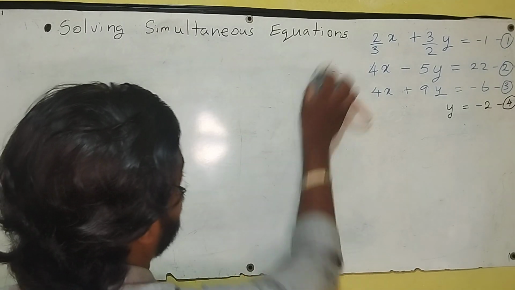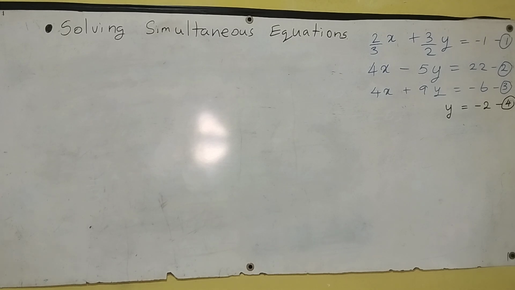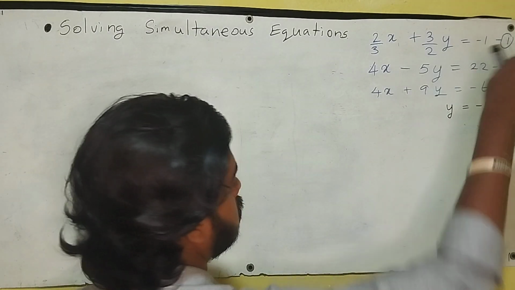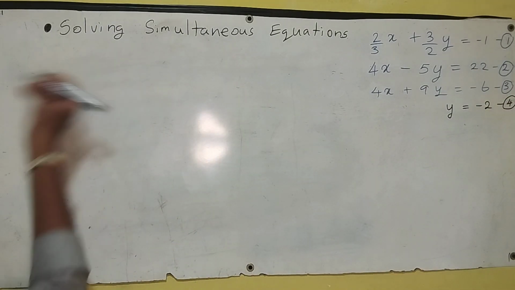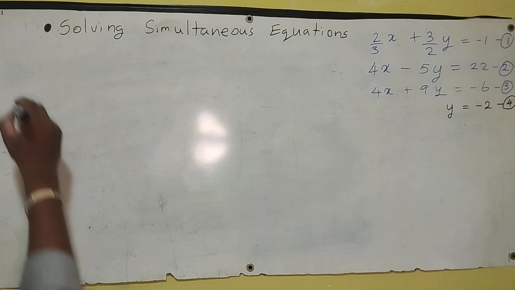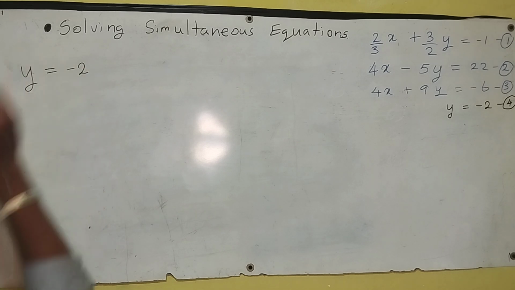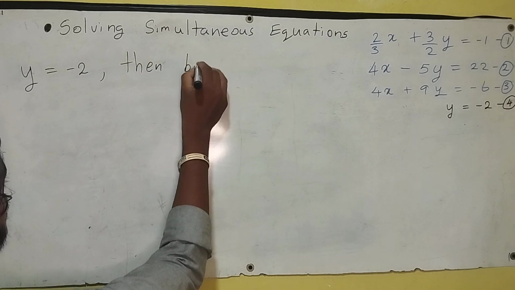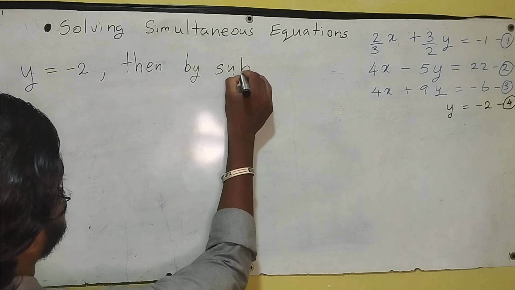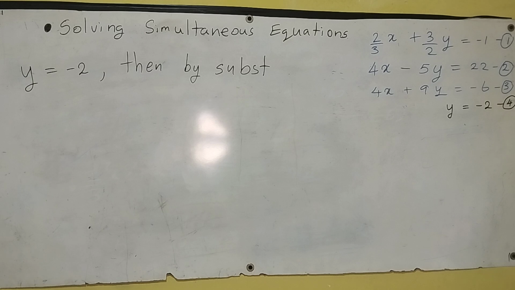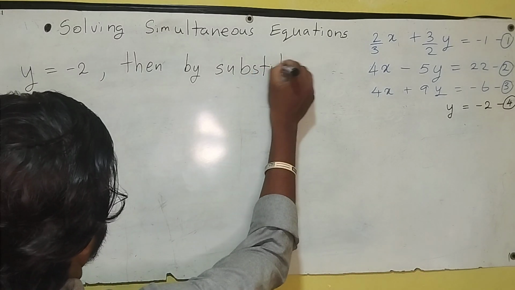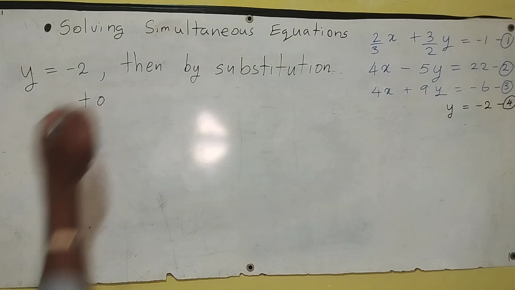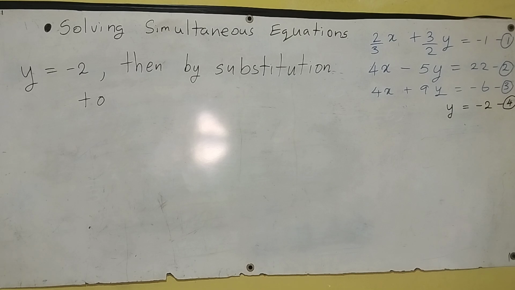Now we know the y value. Now I can find the x value by substitution. y equal to minus 2, then by substitution into the second equation.